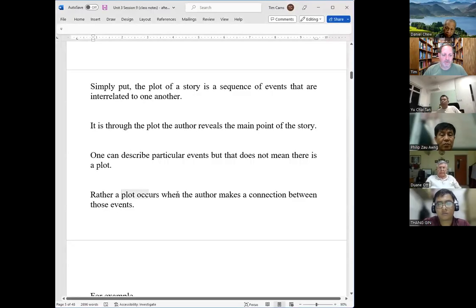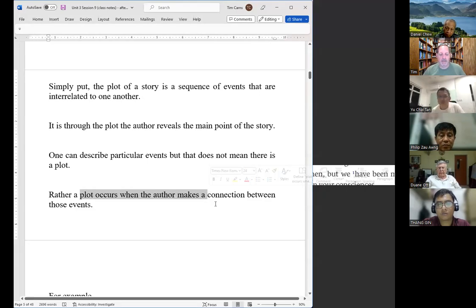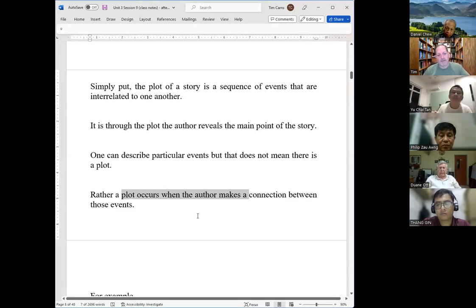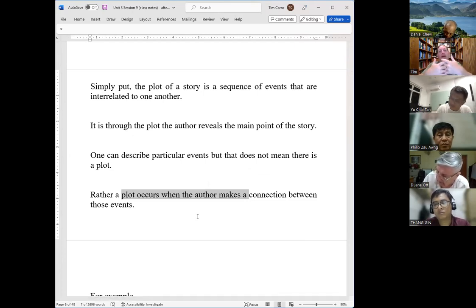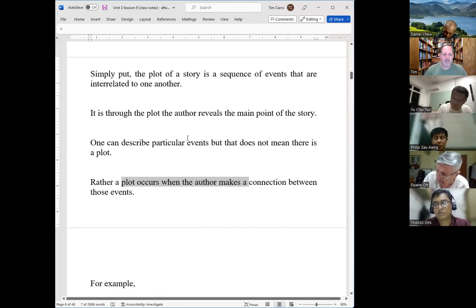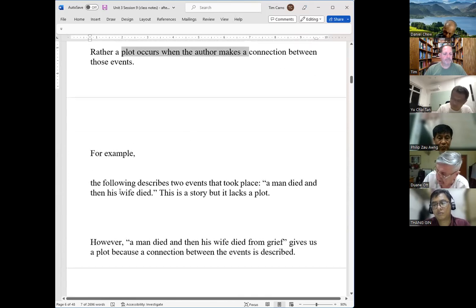Because a plot occurs when the author makes a connection, that there's an intention behind the author to connect these events. He's not just telling us what happened, but he's telling us what happened with an intention to have those events connected together to give us a message. Let me give you an example.